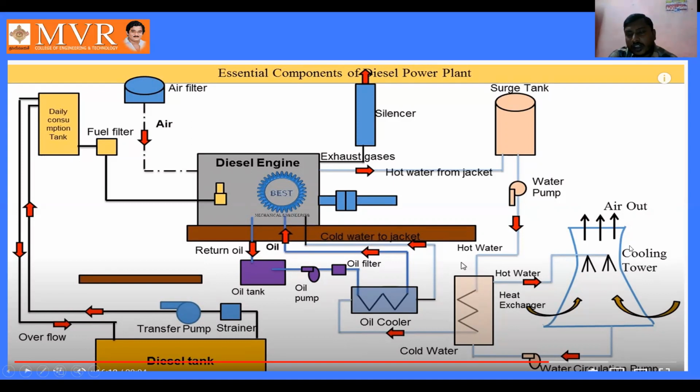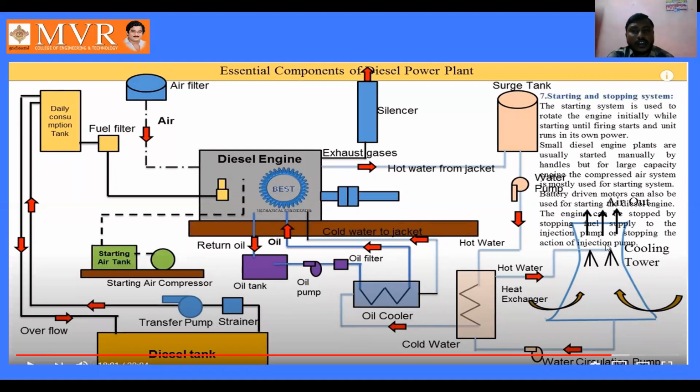We are using the cooling tower for cooling the hot water which came from the engine cylinder, and again this cold water is circulated into the engine cylinder. This is how we use the lubrication and cooling parts in the diesel power plant.